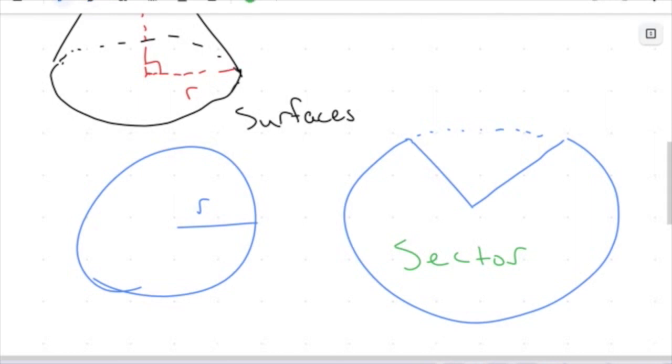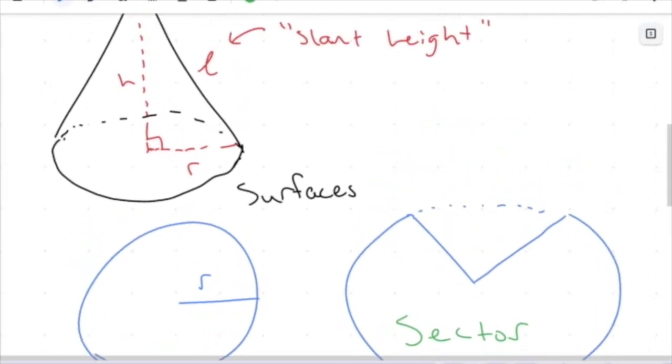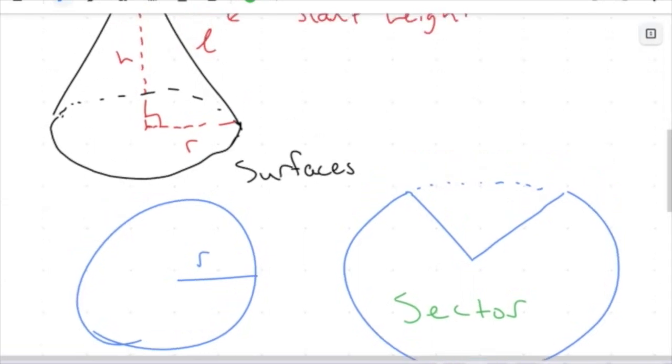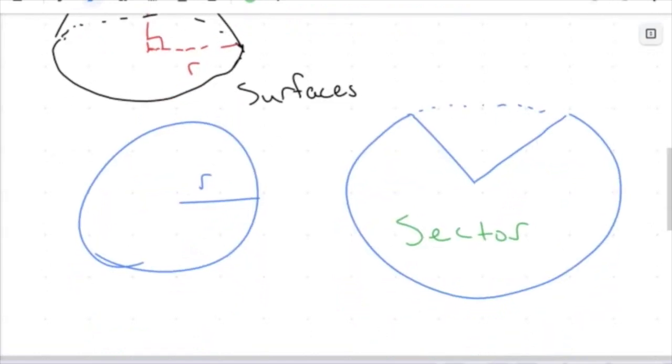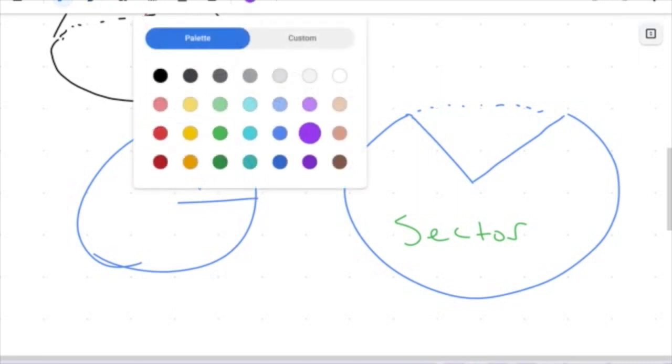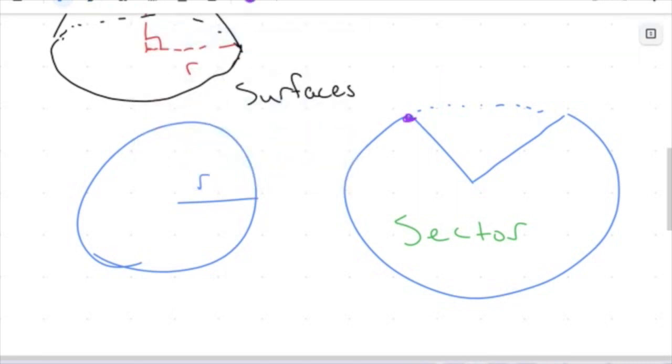Now, let's consider how these two shapes make an actual cone. So we're going to have this base circle down the bottom, and when we, for example, cut out this shape here, you guys can do this at home, and try folding it so that this little pointy bit here connects to this bit here. Fold it in and you will see this middle part pointing out.